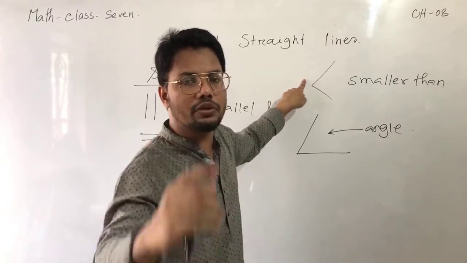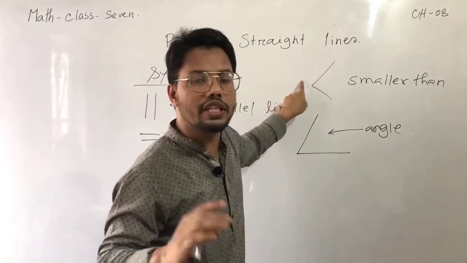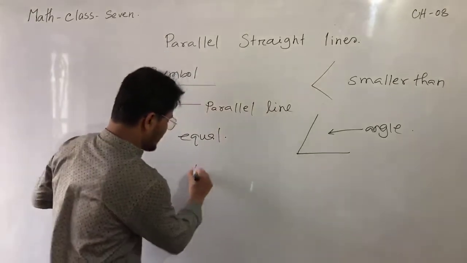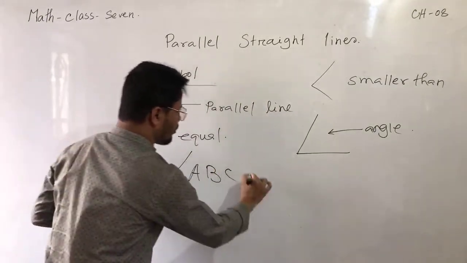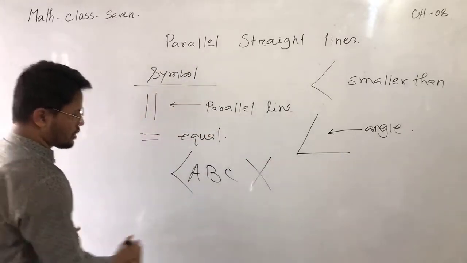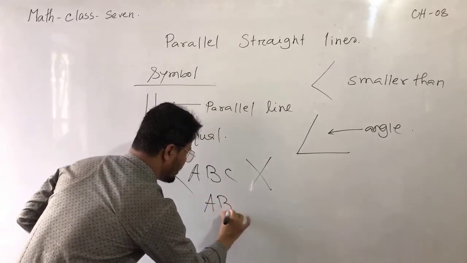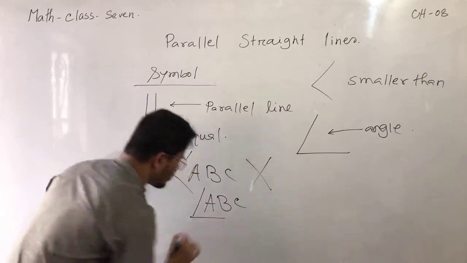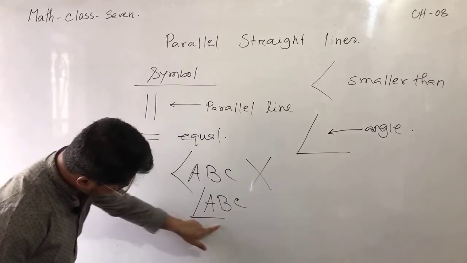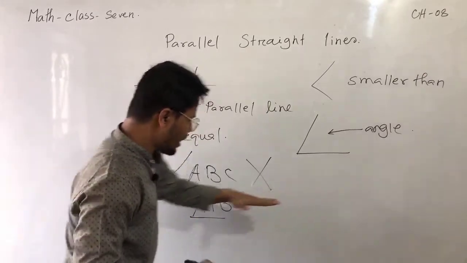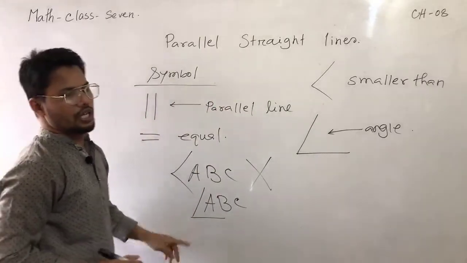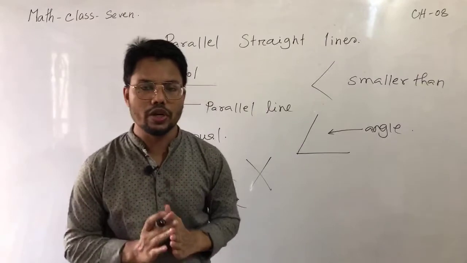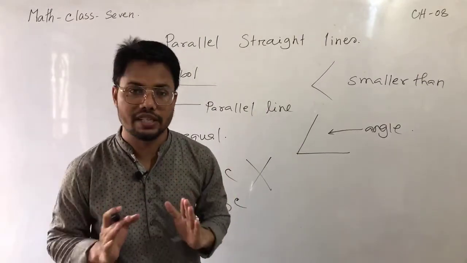Sometimes unfortunately we see in the exam hall a few students use this symbol when writing angle A, B, C. If you write this, it is wrong. Never do this. Sometimes we use A, B, C, and you should write it this way. So this is the line which is parallel to the horizontal line, and the angle meets at the same point. So I think from today you will not make the same mistake.